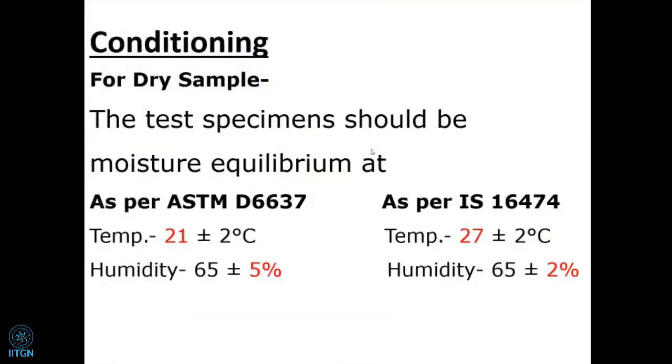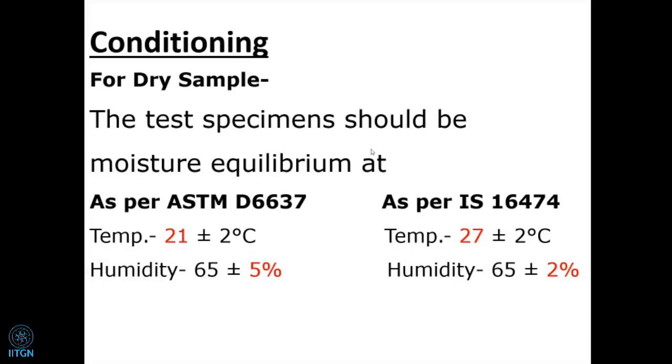Now, there are 2 types of conditioning for the tensile strength test, dry conditioning and wet conditioning, for either the multi-strip or single strip method. The dry sample should reach moisture equilibrium at a temperature of 21 plus minus 2, as well as humidity of 65 plus minus 5% as per ASTM.